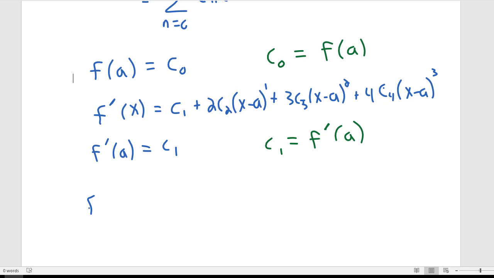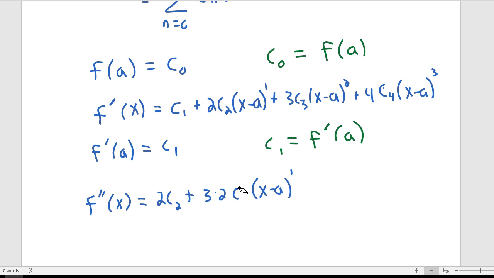What is the second derivative of my function at x? The derivative of c1 would be 0. The derivative of this linear expression would be 2c2. The derivative of this quadratic, I would bring the 2 down, and I would have 3 times 2 c3, times x minus a to the first power.